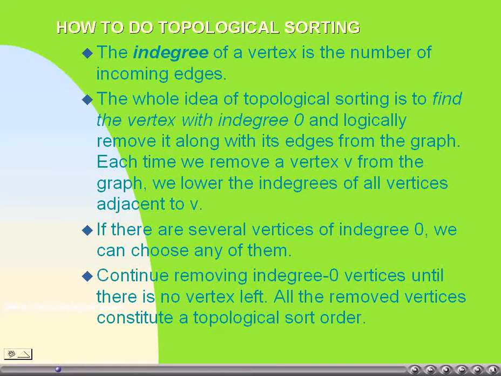If there are several vertices having indegree 0, we can select any one of them at a time. Each time we take one vertex whose indegree is 0, we push it into the output list, and then all its adjacent nodes' indegrees are adjusted. This is repeated until no more vertices are left in the graph. The following example will demonstrate the same.